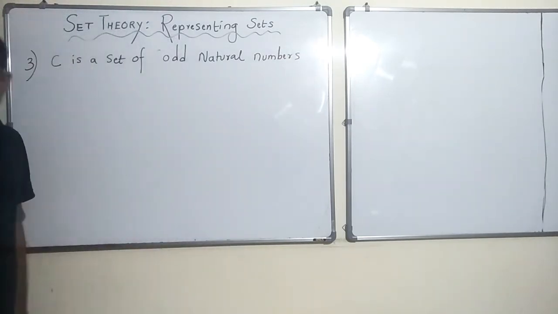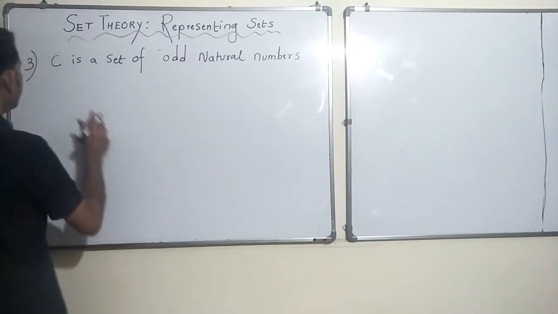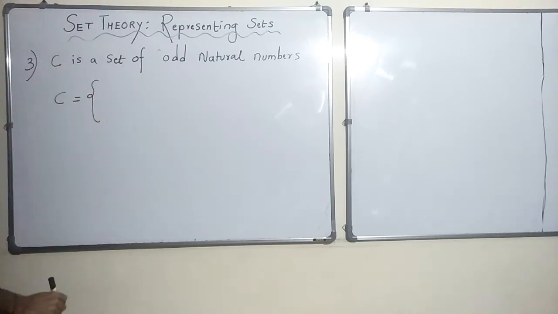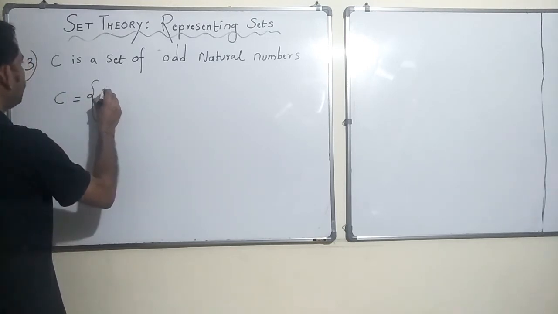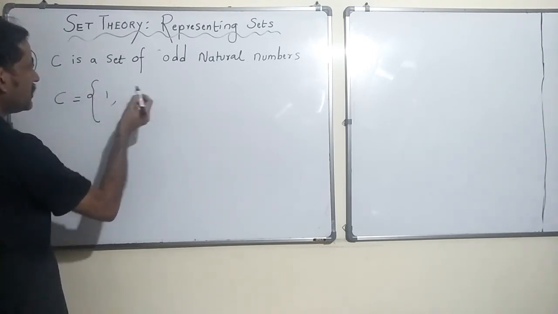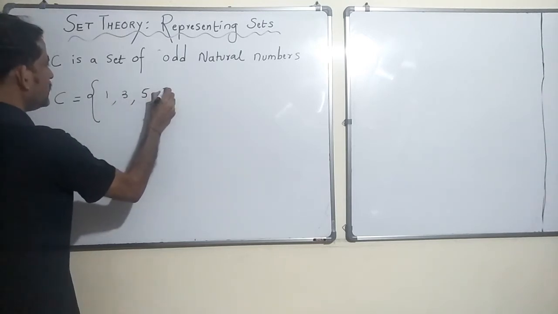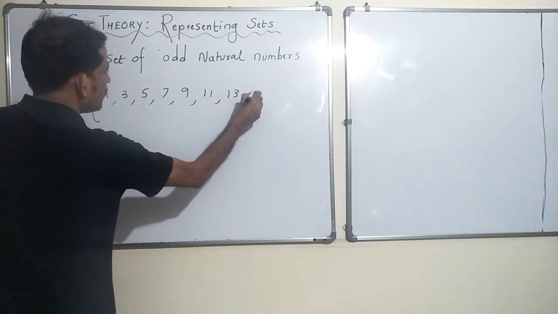C is a set of all odd natural numbers. Now let me denote C in the tabular form. Can I say 1 is a member because it is odd and a natural number? 3, 5, 7, 9, 11, 13, 15.